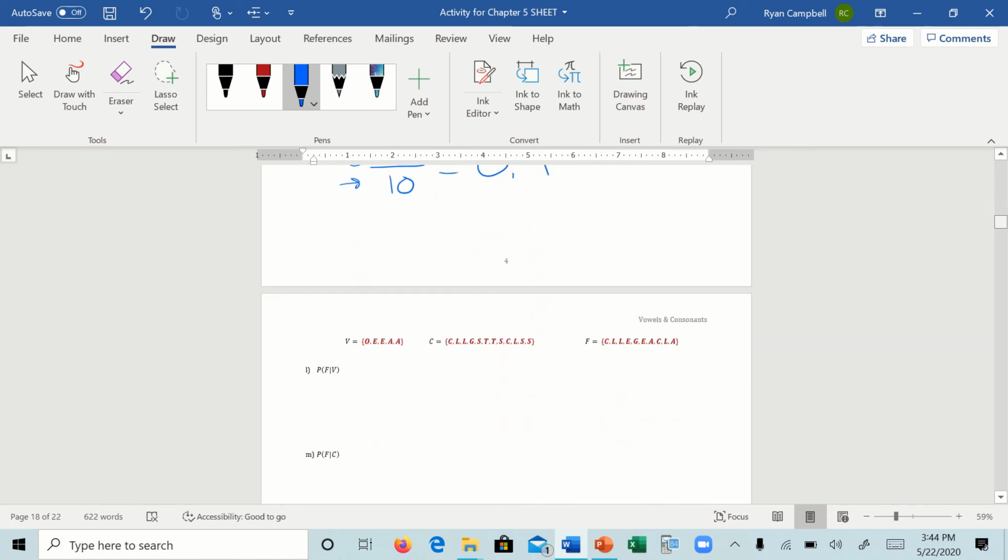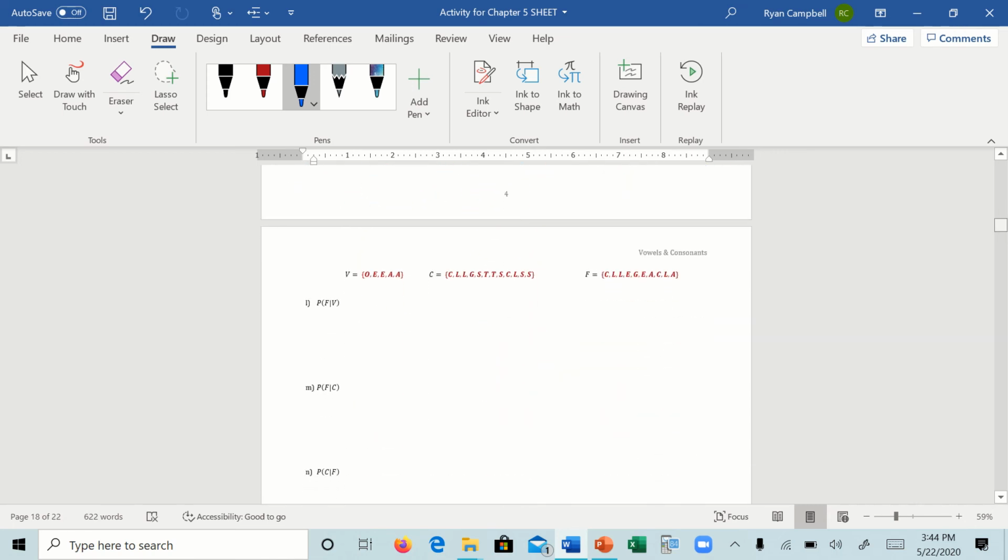All right, now that's different than part L, right? So for part L, what is the population? What are we looking at? So this time we're looking at V. So V is going to be in the bottom. And of course you see that there's only 5 letters in V. Now, out of those 5 letters, which ones are in F?